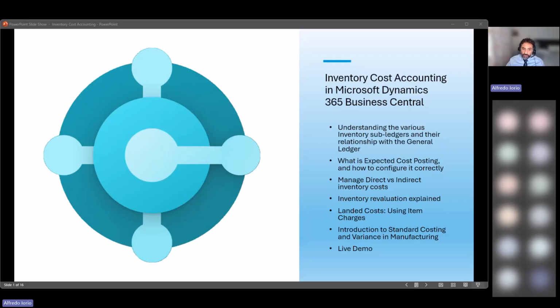Quickly, we're going to cover inventory revaluation, which can also be very powerful because it can revalue also cost of sales, but only if we do it in a certain way, which again, we will learn later.